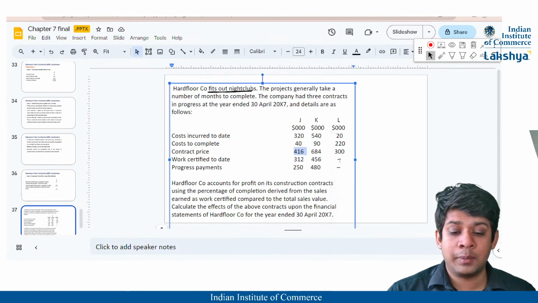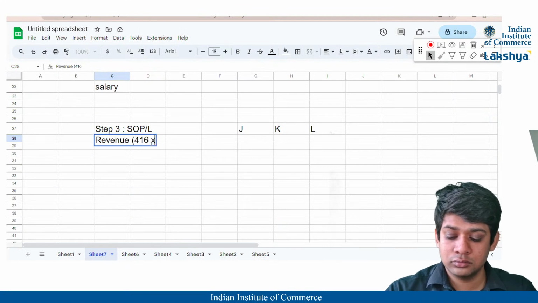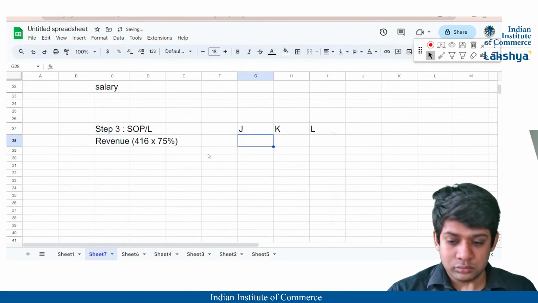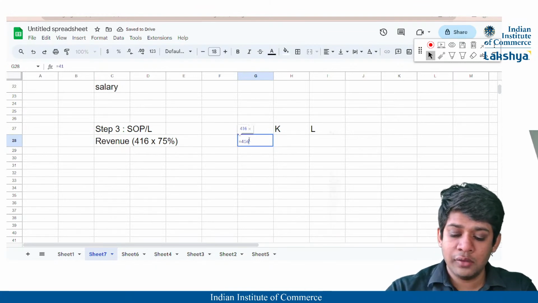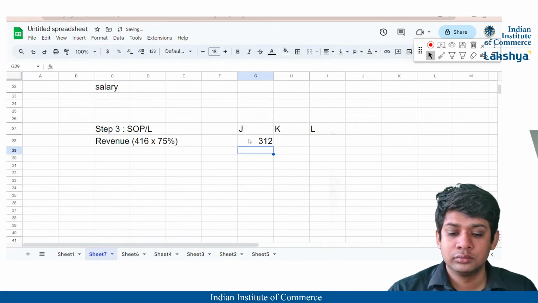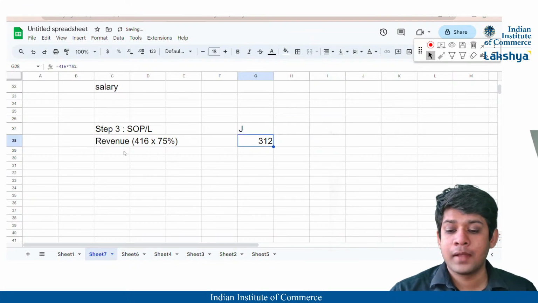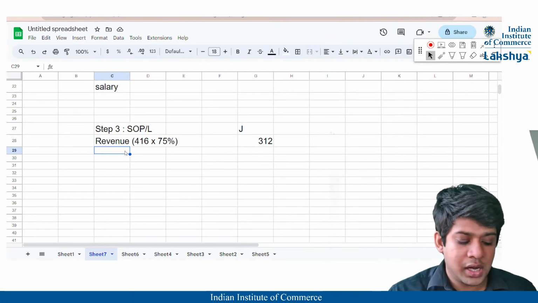For J, the total contract price is 416 multiplied by the progress percentage of 75% which we calculated. Correct? So 416 into 75%. We'll do K and L separately. This is the revenue that can be recognized to date.